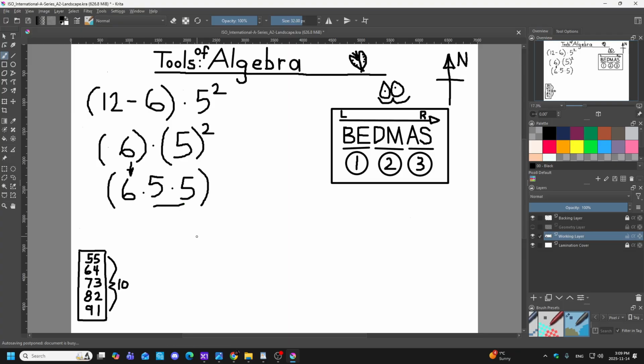It means 5 times 5. Since we know that 5 squared is 25, I'm just going to write 6 times 25 and do the long work.